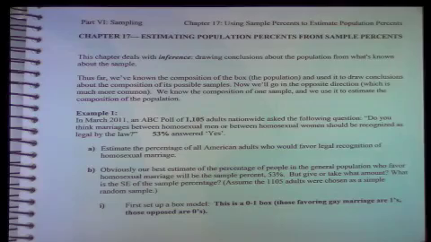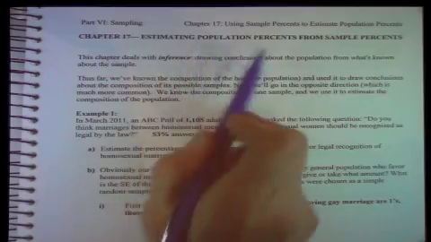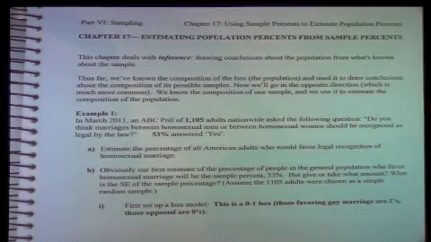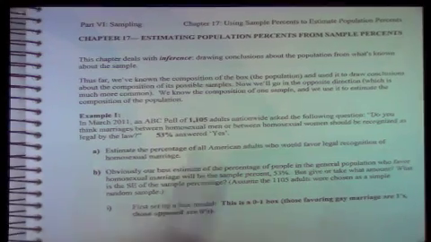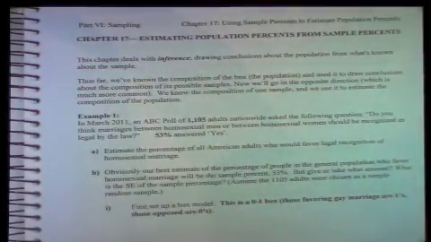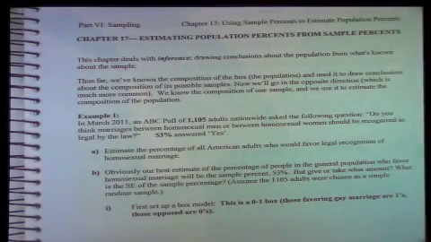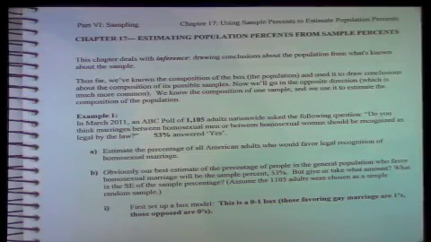So we are going to do exactly that. We're going to estimate population percents from sample percents, only when we randomly draw a sample. It's called statistical inference, drawing conclusions about the whole population from a randomly drawn sample.